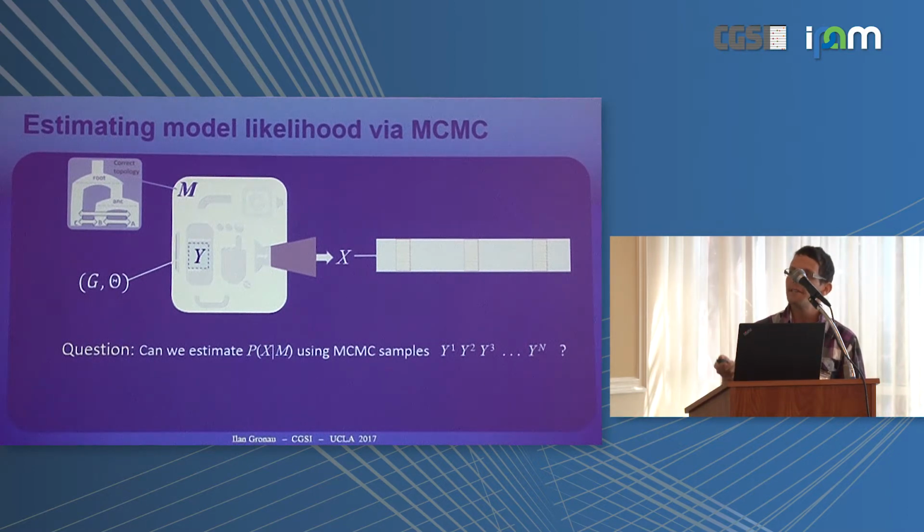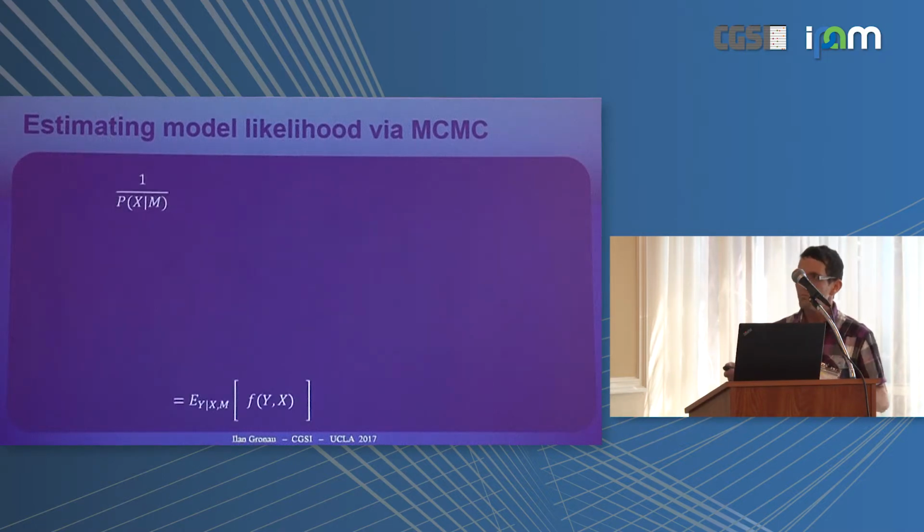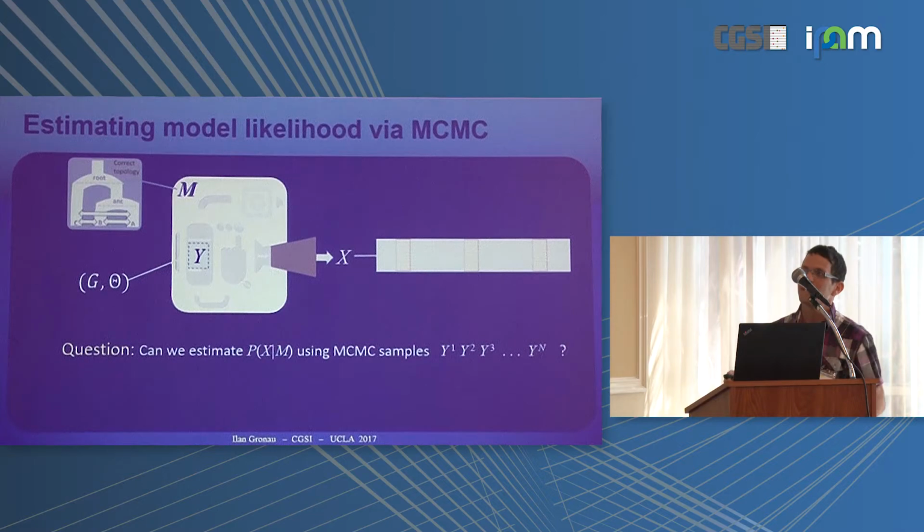And the idea is that I worked very hard to produce samples of these hidden variables with my MCMC, but I'm not really using them that much. I'm using them to get a posterior on my model parameters, but what I want to do is use them to also score my assumptions. And I'm going to want to use importance sampling to do this.